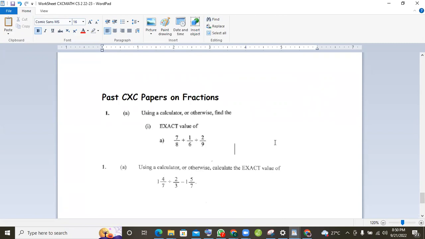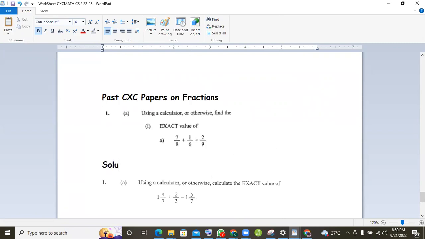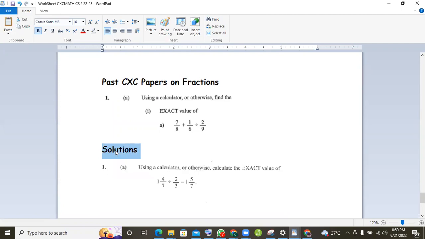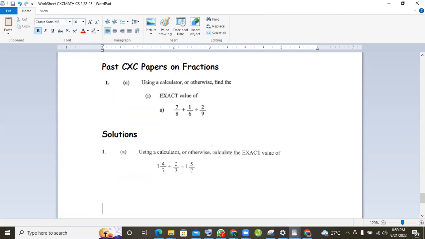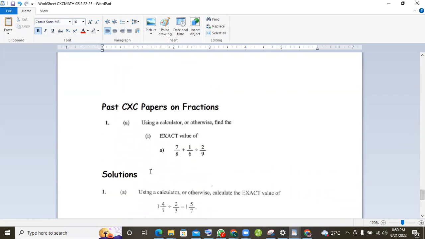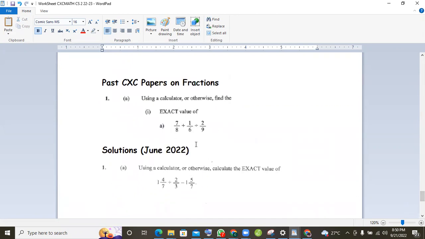Okay, the solutions for this, I can prepare it. The solutions for this one, we can even name it. This one is June 2022. Well, let me just put it there not to mix it up.